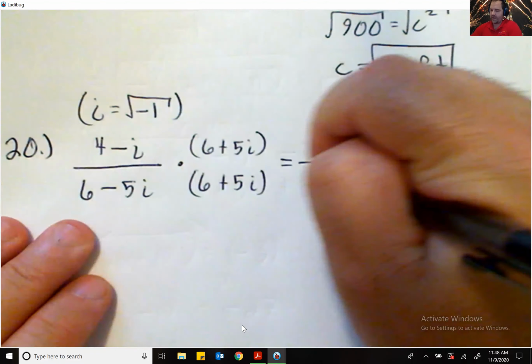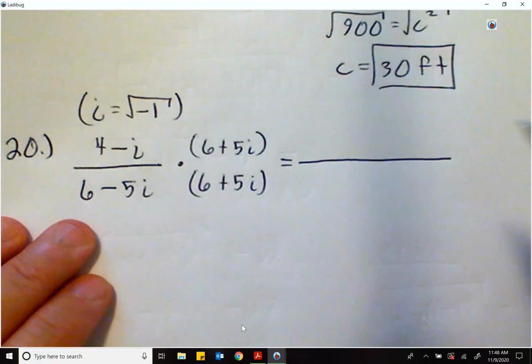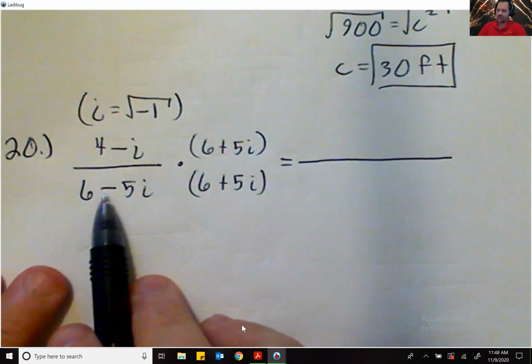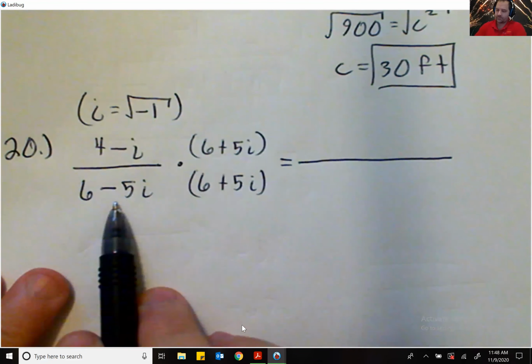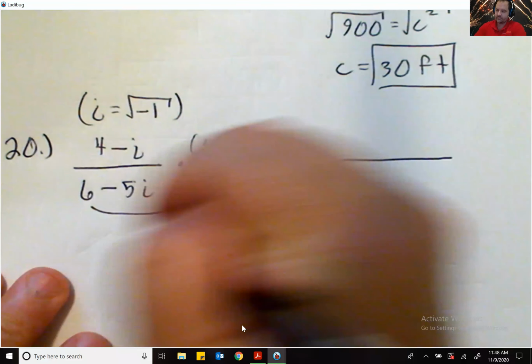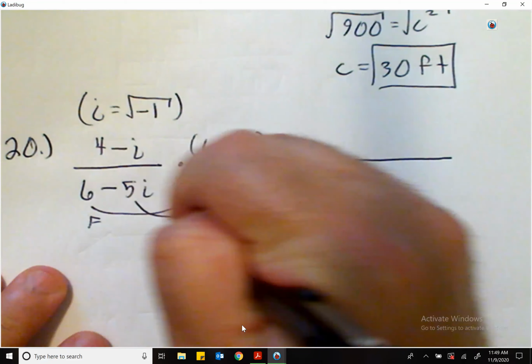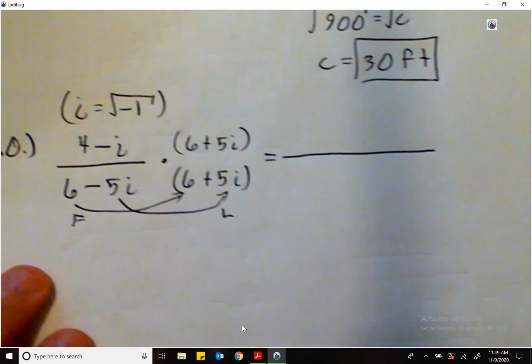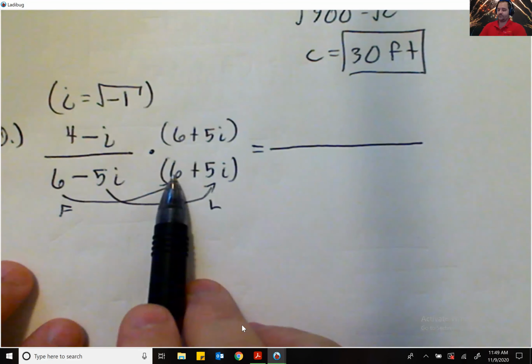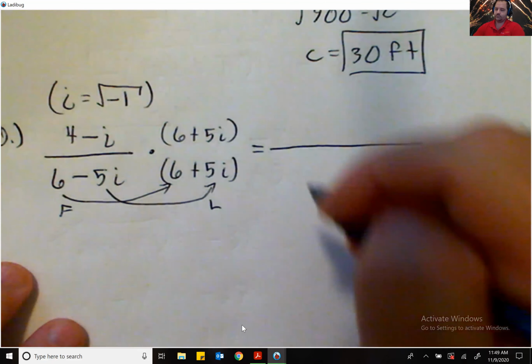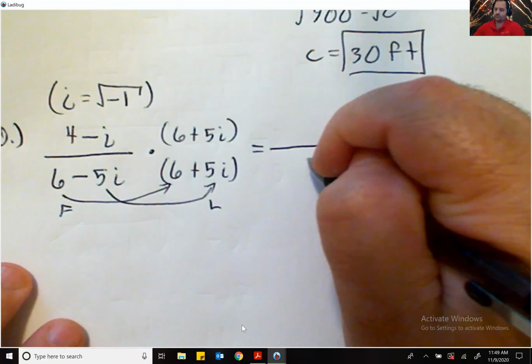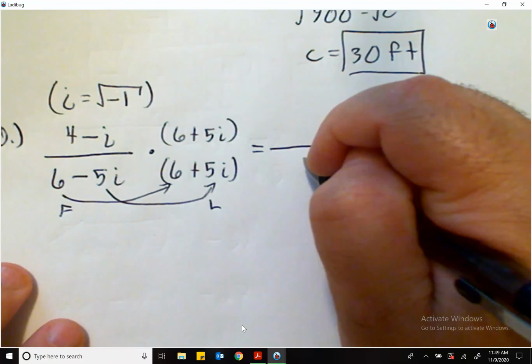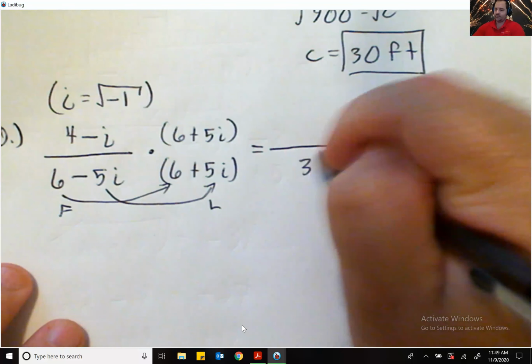So let's talk about what we have left. In the denominator, because these are conjugates, we only have to multiply the first and the last. So what is 6 times 6? 36.